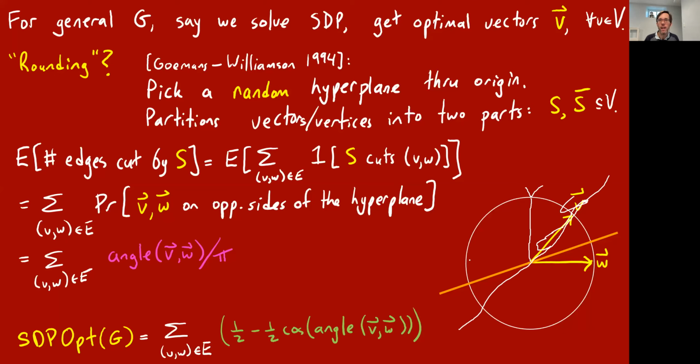And if V is actually opposite to W, then there's a 100% chance that they'll get split by a random diameter of the circle like this. Does that make sense? Any questions?